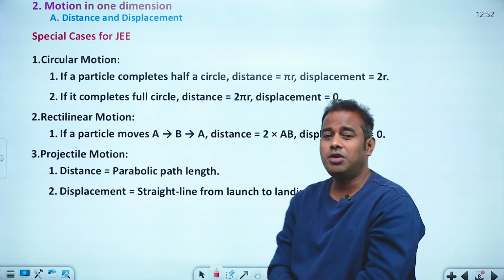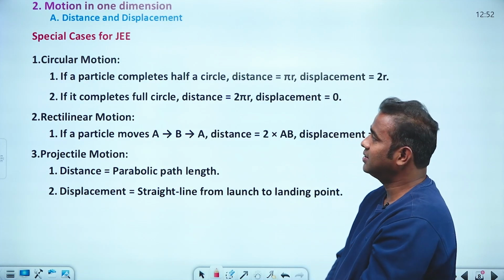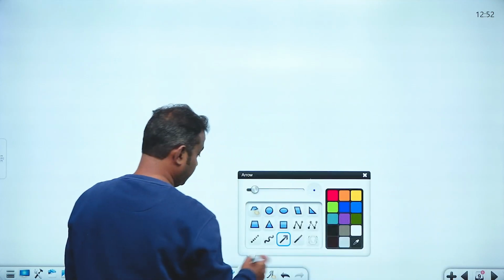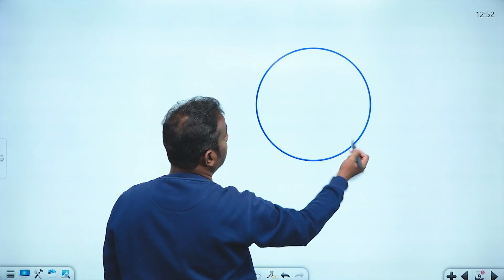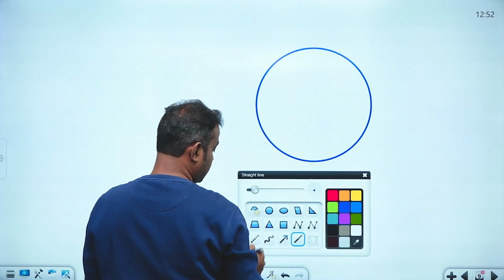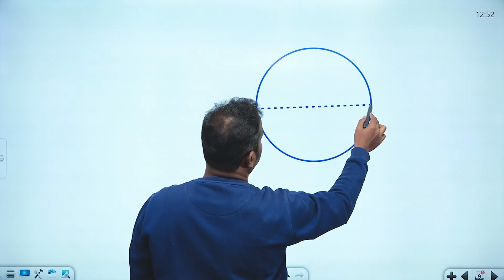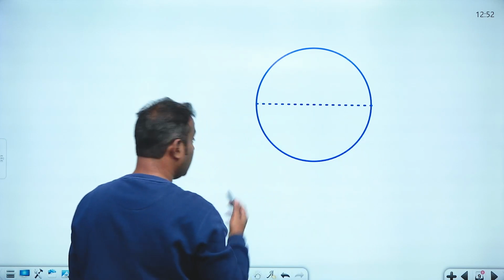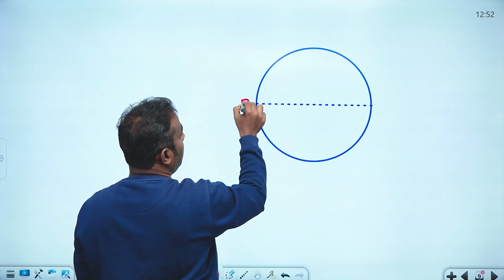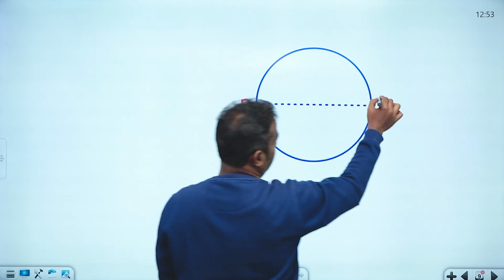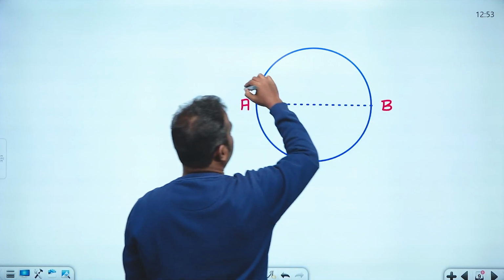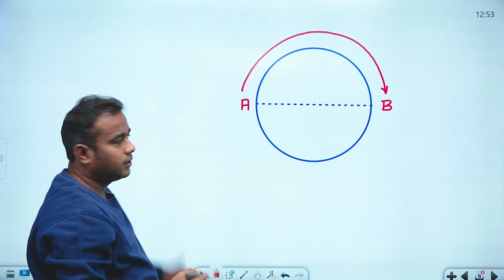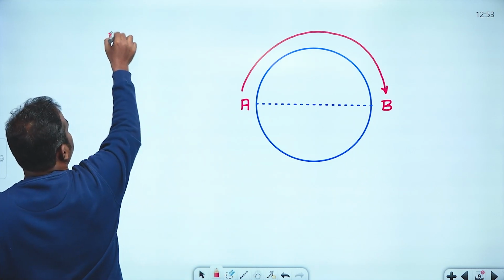And sometimes there will be something called a special case. Here is one simple example. Suppose an object is moving from point A to point B. If it goes from this point in a curve shape like this, then what is the distance and what is the displacement?